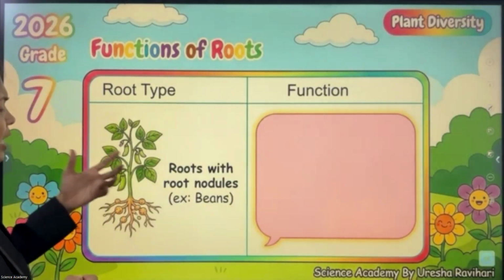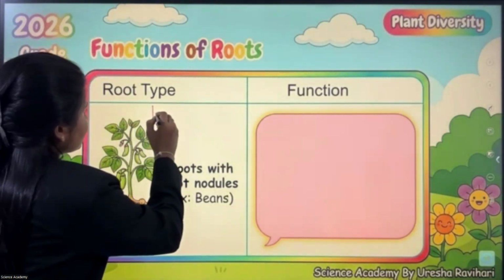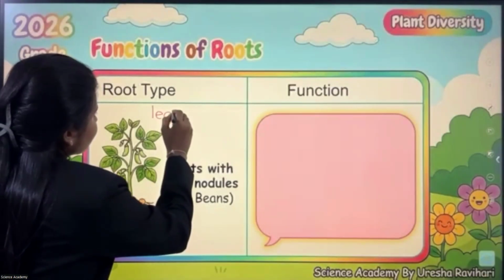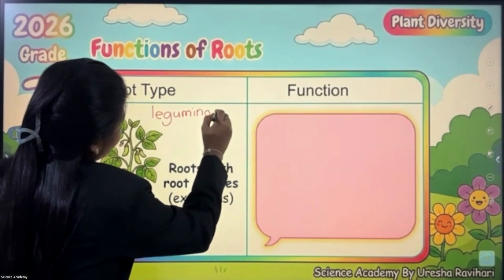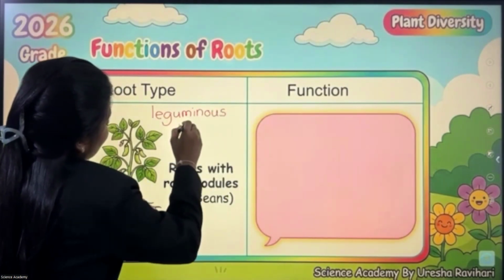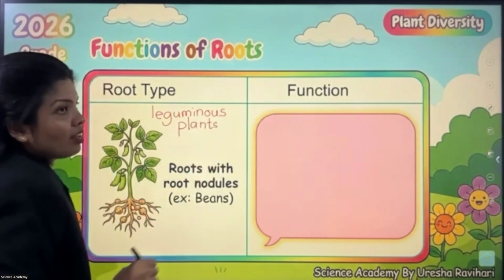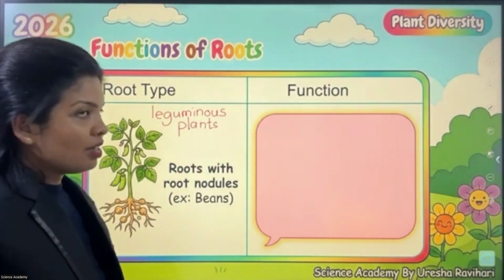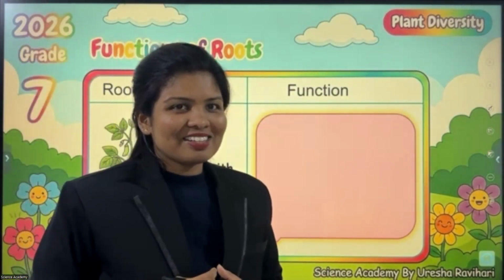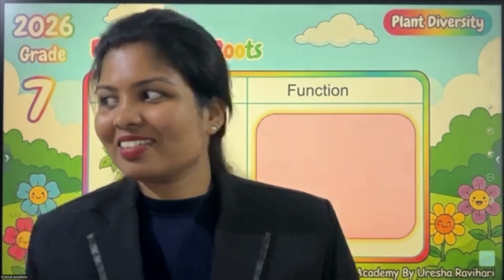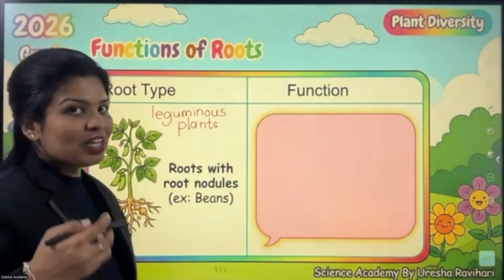Children, in leguminous plants, leguminous plants, for example mimosa. What is mimosa? Touch-me-not plant, Dikumba. Mimosa means touch-me-not plant.